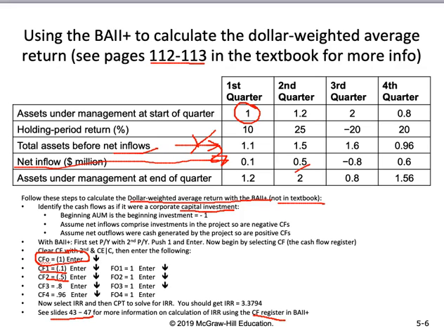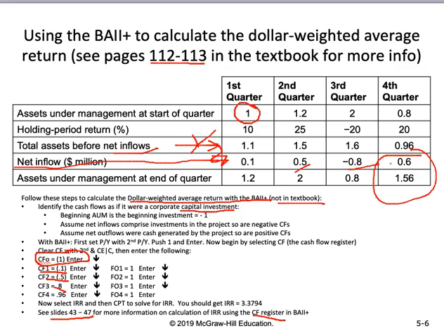And then we had some outflows beginning in the third quarter. In the third quarter, we had an outflow that we assumed we had to pull money out of the project, so it created cash flow. That's a positive number. And then in the fourth quarter, the final cash flow looks at these two figures right here.